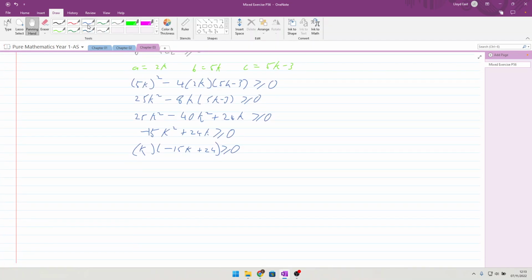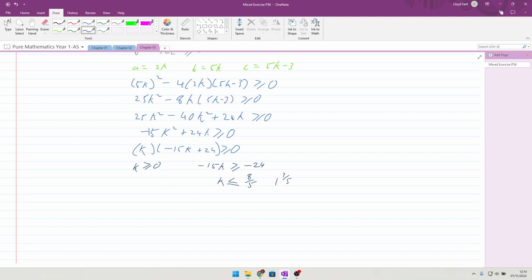Okay, so we've got the option of k is greater than or equal to 0, and we've also got minus 15k is greater than or equal to minus 24, which means k is less than or equal to 24 divided by 15, which is 8/5, or 1 3/5.